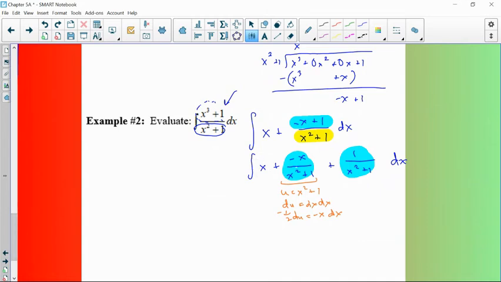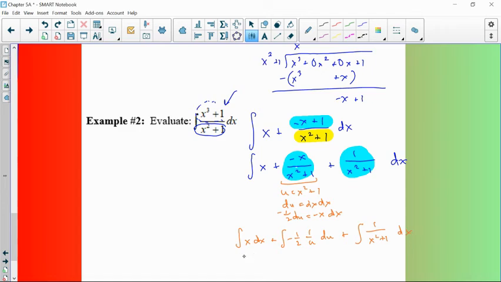That's just going to be the integral of x with respect to x. And then this will be plus the antiderivative of negative 1/2 times 1 over u du, plus the integral of whatever 1 over x squared plus 1 dx is. We're going to hold our thoughts on that for a second.